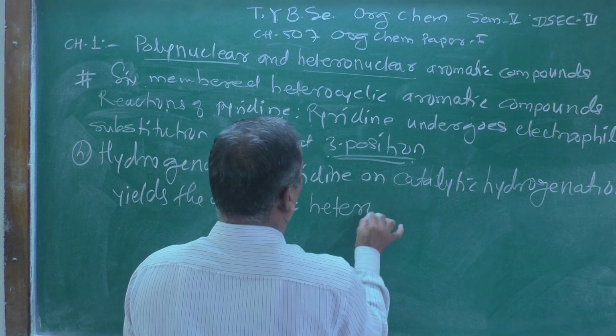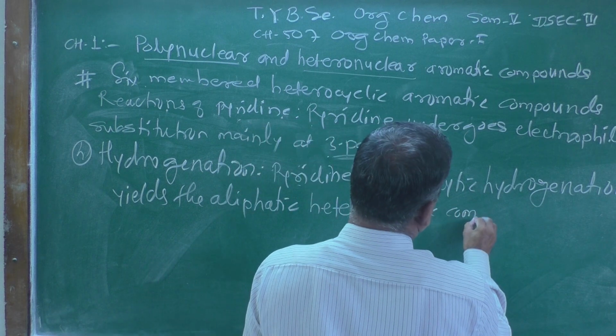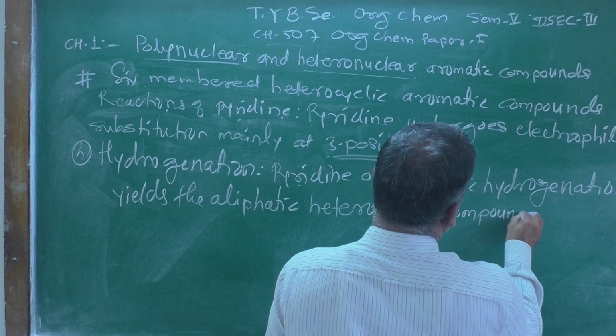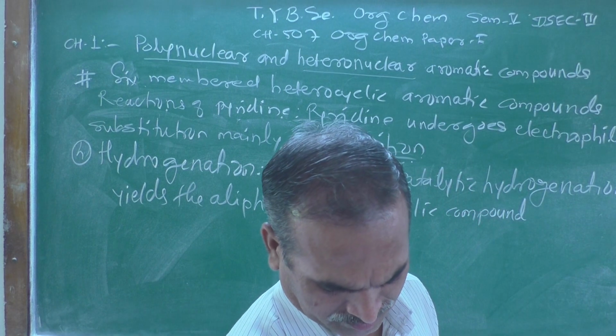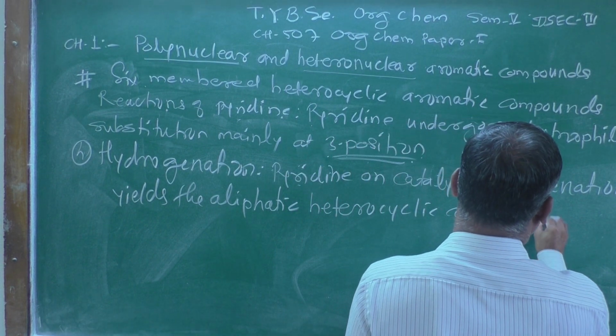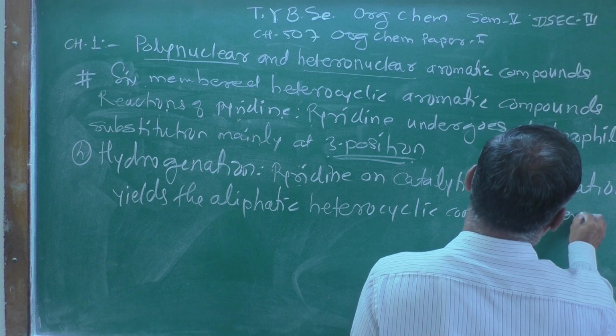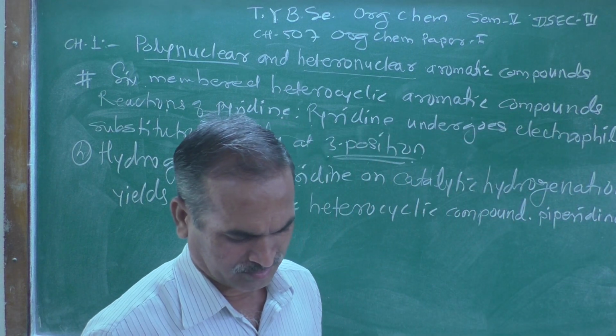In this hydrogenation reaction, pyridine on catalytic hydrogenation yields the aliphatic heterocyclic compound that is piperidine, which is the compound obtained over here.